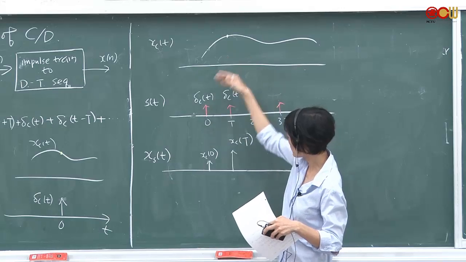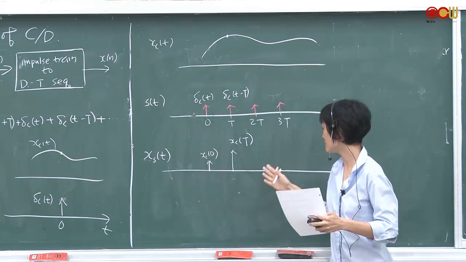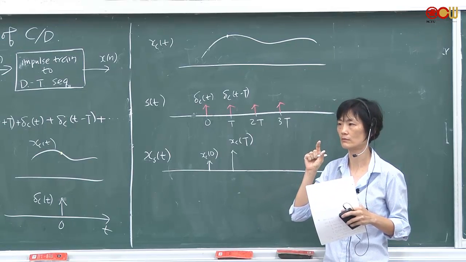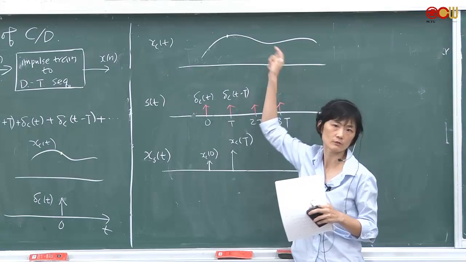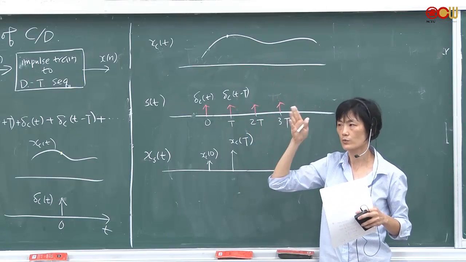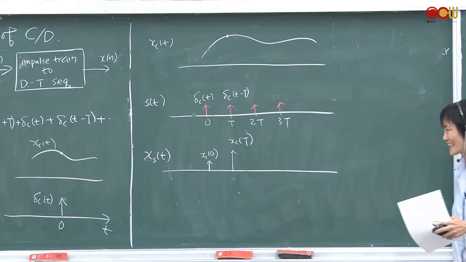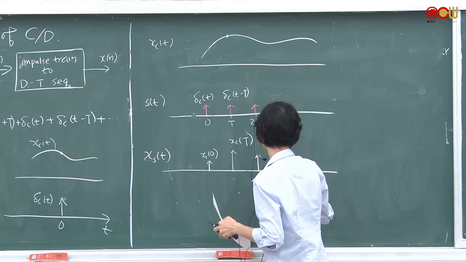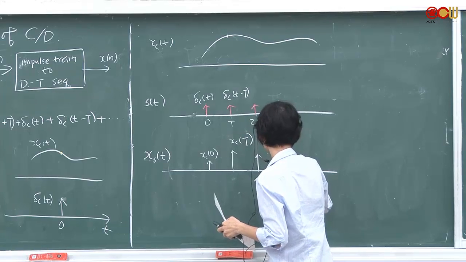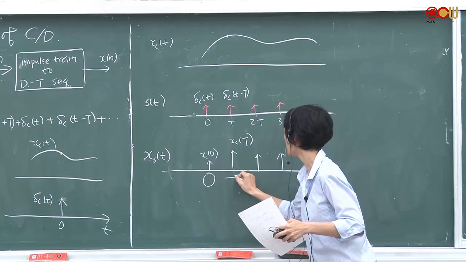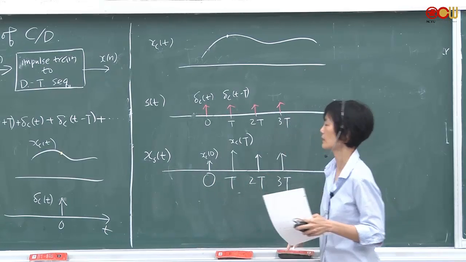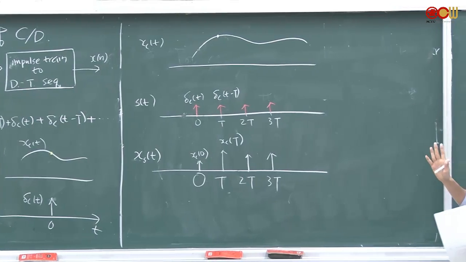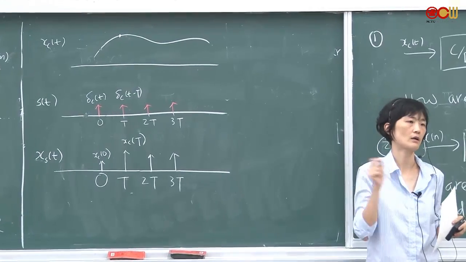But when we multiply these together, we still get an impulse train, but each impulse will carry a different value, and those values are the value of xc at the point that we want to sample. So this is s of t. It's a continuous time signal, and it's full of impulses, at 0, T, 2T, 3T. s of t is non-zero only at integer multiples of T, and it's 0 everywhere else.